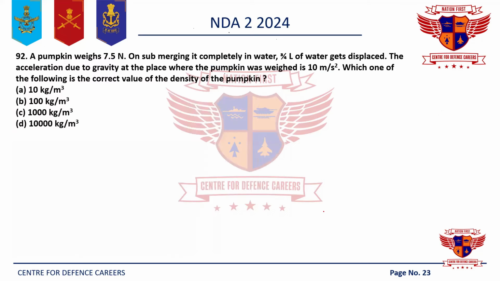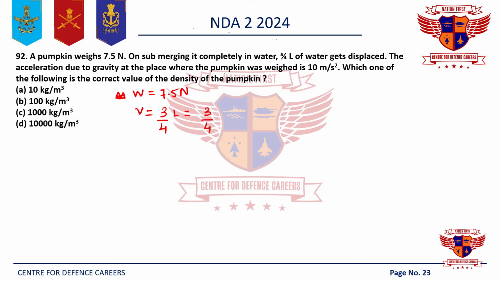We have a pumpkin that weighs 7.5 newtons. They have given us newtons, so it will be the weight of the pumpkin. That will be 7.5 newtons. On submerging it completely in water, 3 by 4 liters of water gets displaced. So we get volume, that is 3 by 4 liters. Now let's convert this into SI units.